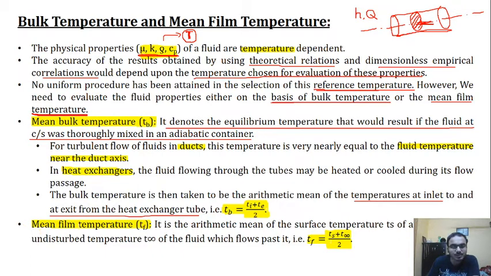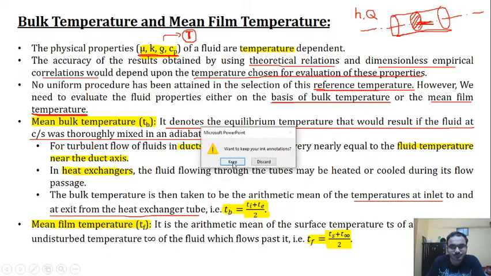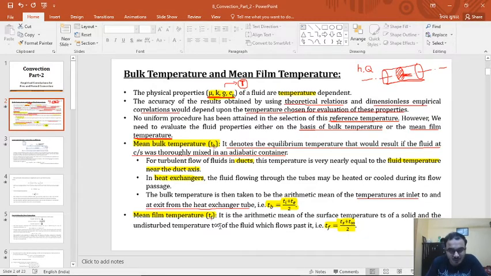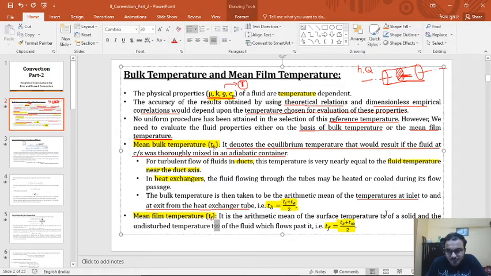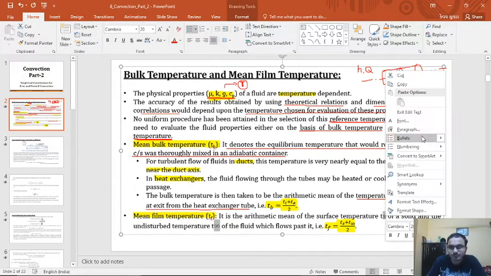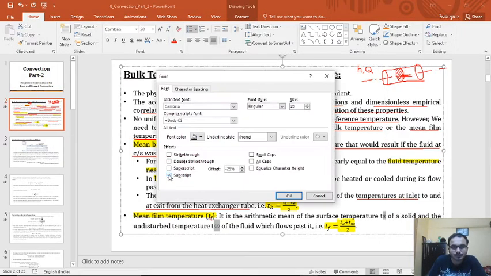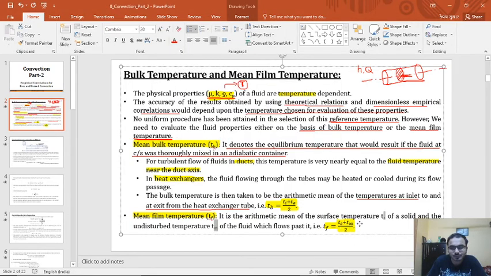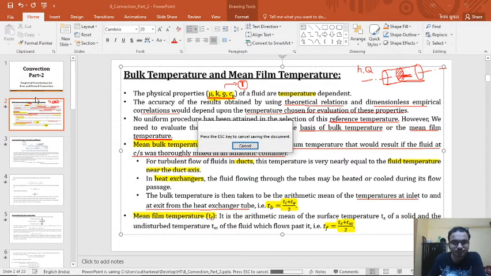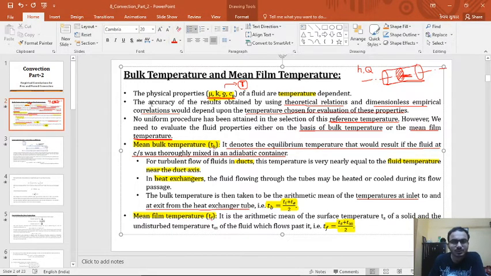So this is the mean film temperature, TF. This is all about bulk temperature and mean film temperature.